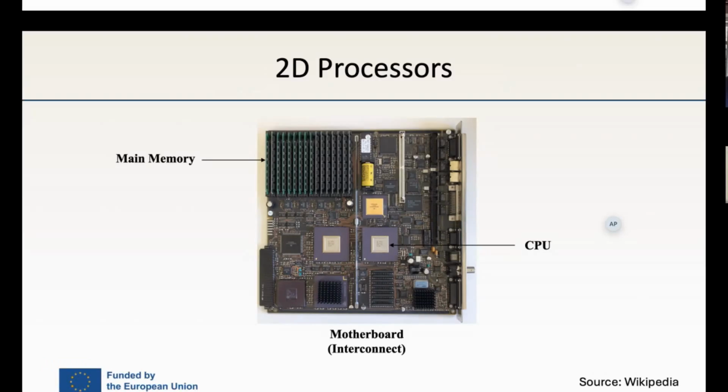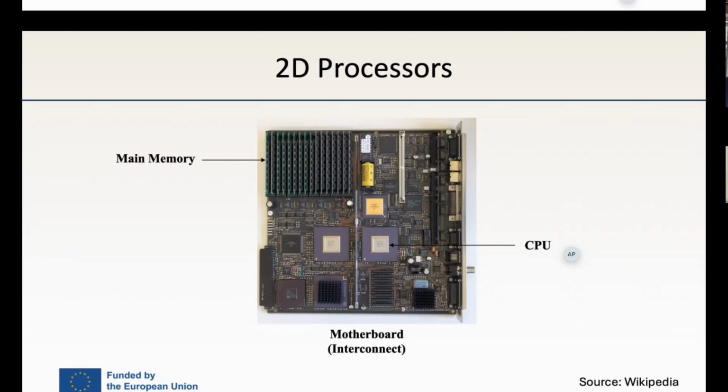So this is how von Neumann architecture is realized in a 2D processor. The main memory and the CPU are separate and they're connected using an interconnect on the motherboard. Almost all processor designs from before recent years used to follow this design.